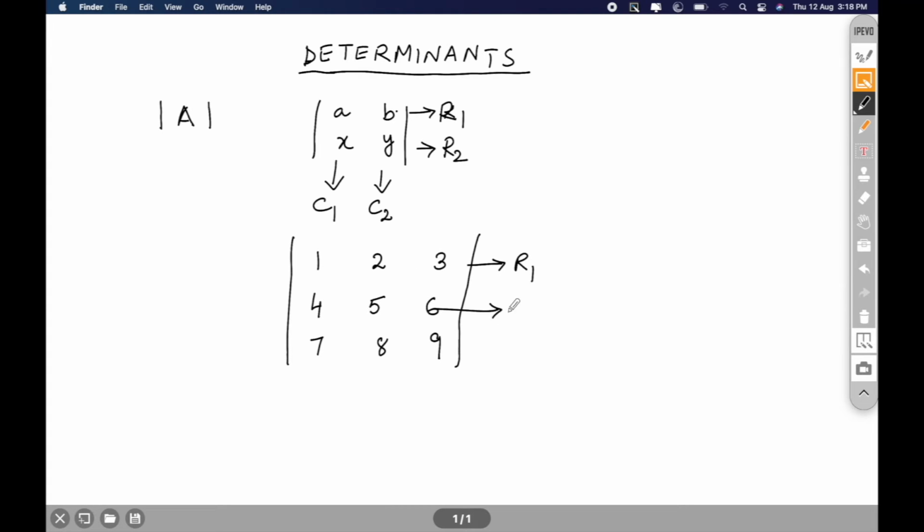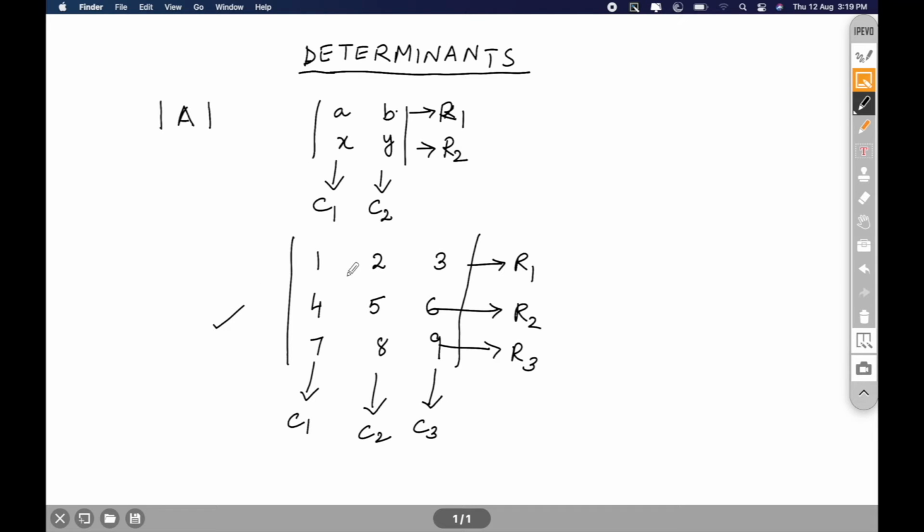Row 1, this is row 2 and this is row 3. Vertically, the elements are 1, 4, 7. This is column 1. Then 2, 5, 8. This is column 2. 3, 6, 9. This is column 3. So here there are 3 rows and 3 columns. So this is a determinant of order 3.